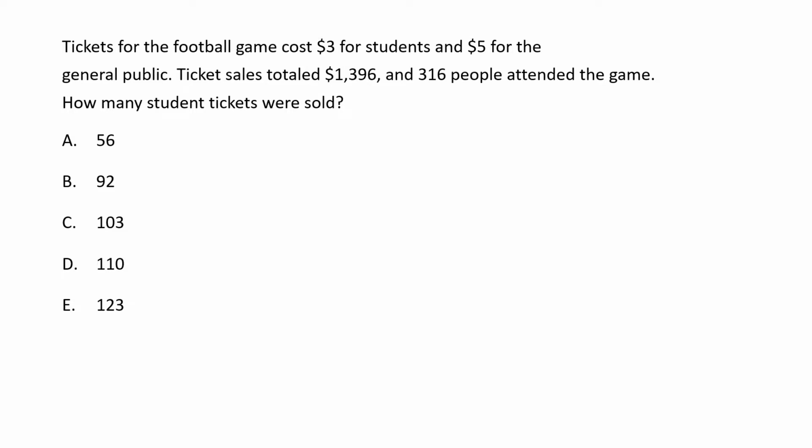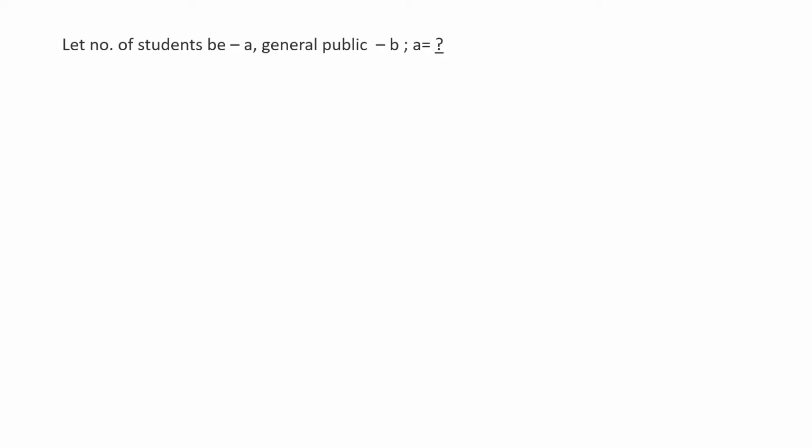Okay, tickets for a football game cost $3 for students and $5 for general public. Ticket sales totaled $1,396 and a total of 316 people attended the game. How many student tickets were sold? Okay, so let's assume the number of students is A and the number of general public who attended the game be B. We need to figure out what A is.